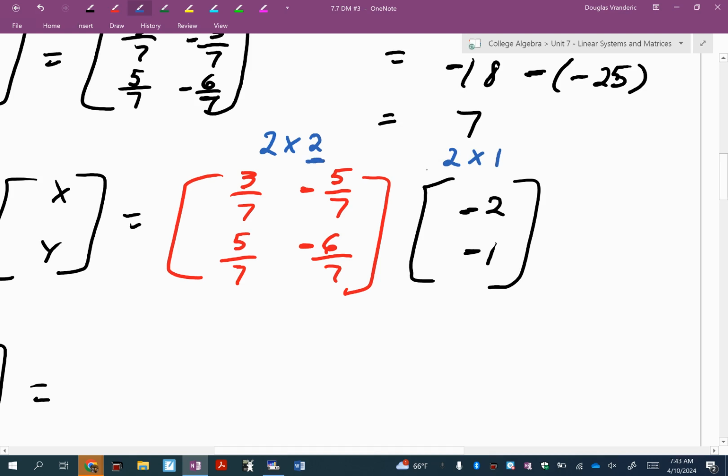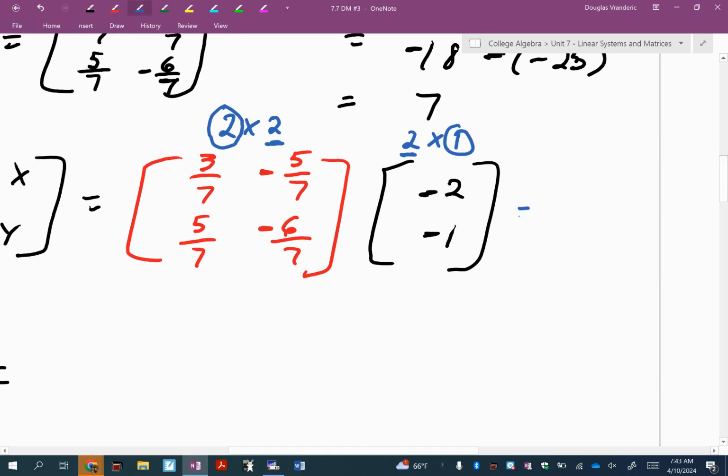The inside numbers. So you underline the inside numbers. Are those numbers equal to each other? Yeah, they're both 2s, which means it is possible to multiply. And this number in front and the number at the end tells us the answer matrix. So the answer matrix, the dimensions are going to be a 2 by 1 matrix.